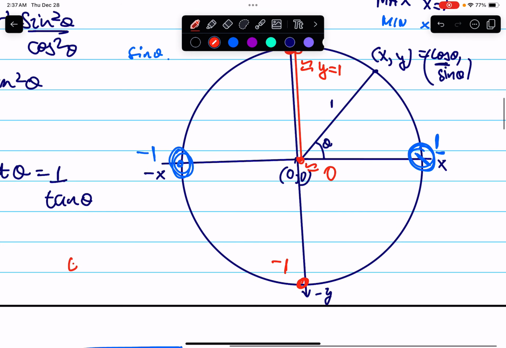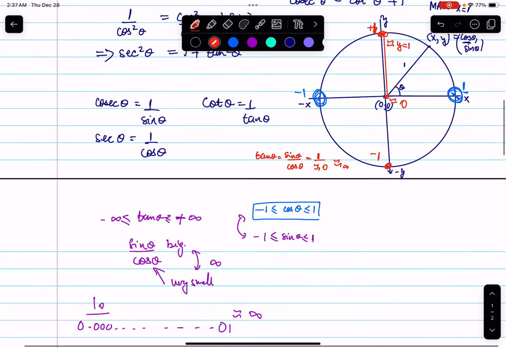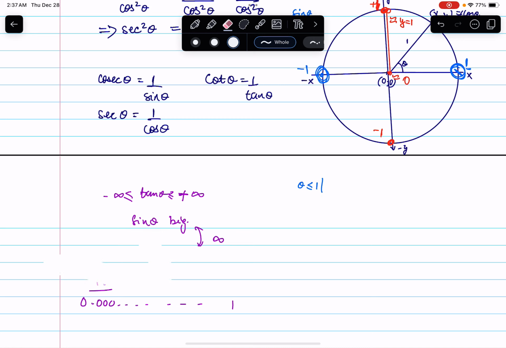So tan of theta is equal to sine of theta divided by cosine of theta, the corresponding value of y is approximately 1, and the corresponding value of x is almost 0, and 1 divided by a very small value is almost infinity. Okay? So right now let's just focus on the sine and cosine functions.